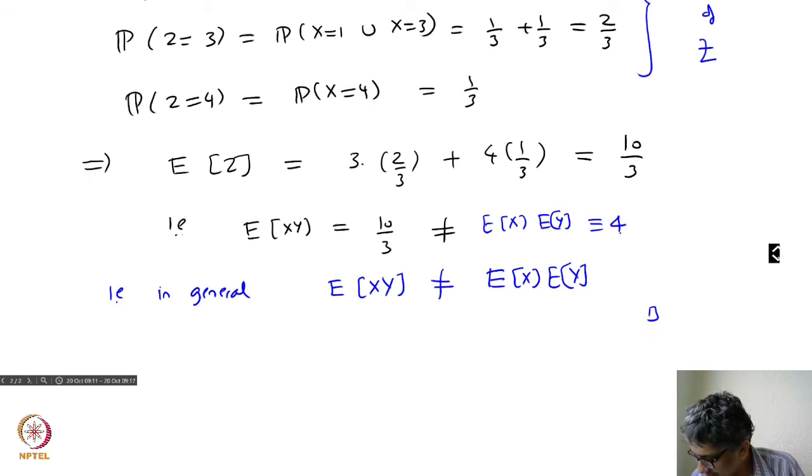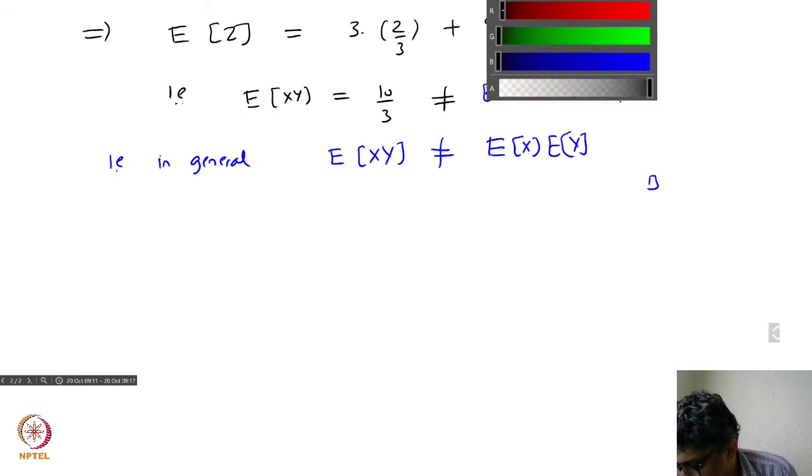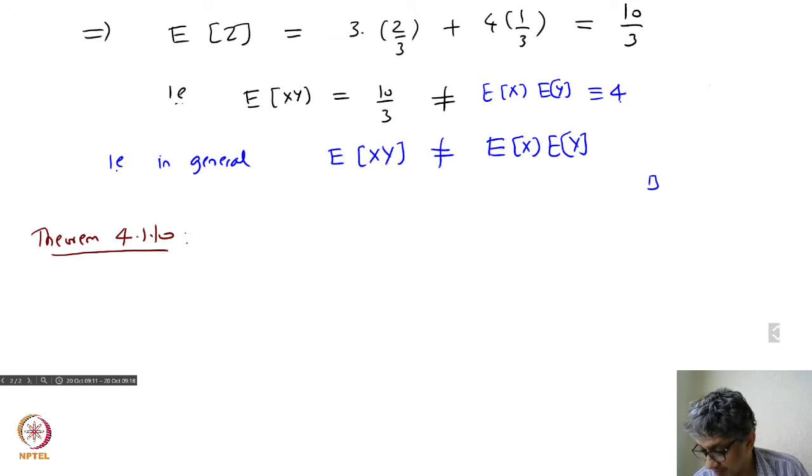So now what's crucial, but this is true in some situations, so I'll write the theorem down. It's a simple fact the moment you see it, but this thing is not true in general. It is true in the following situation: if the random variables are independent, then the thing splits up as a product.